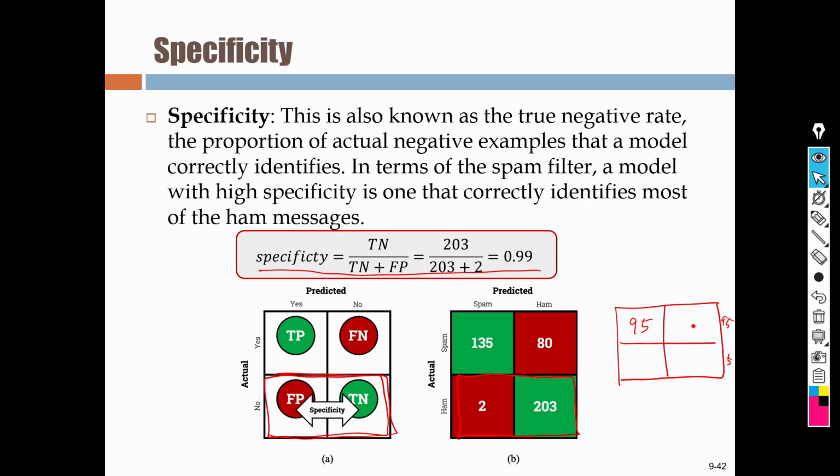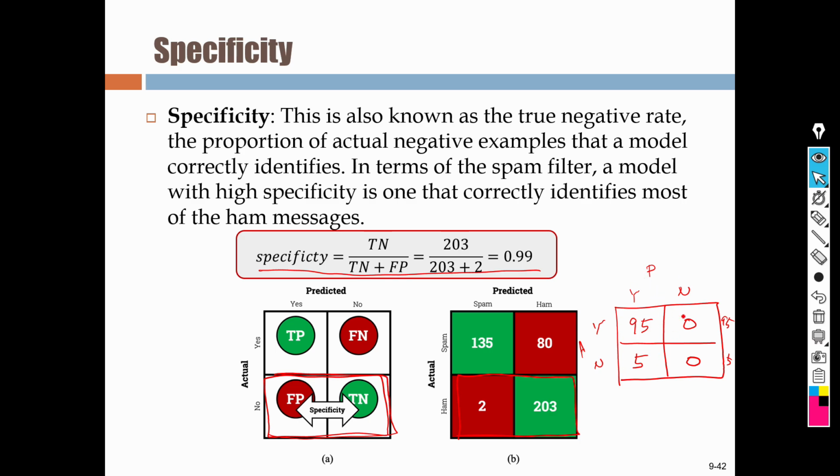We will not have a false negative, right? But everything I will say yes, but actually these are no's, right? This is a prediction and this is the actual. And this will be 0 because I will predict everything yes.